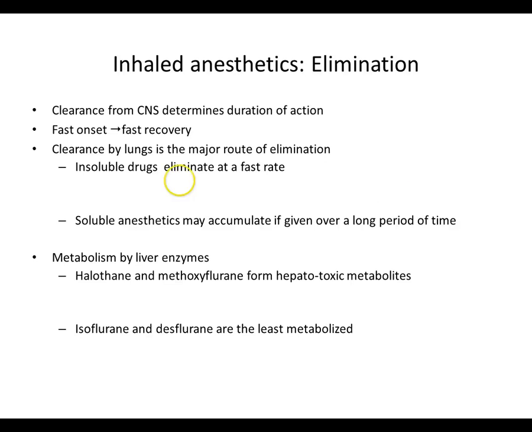So for the most part, things that have a very fast onset are also going to have a fast recovery. Clearance by the lungs is a major route of elimination, and so insoluble drugs are going to eliminate at a faster rate. For example, nitrous oxide will have a much faster recovery than halothane.